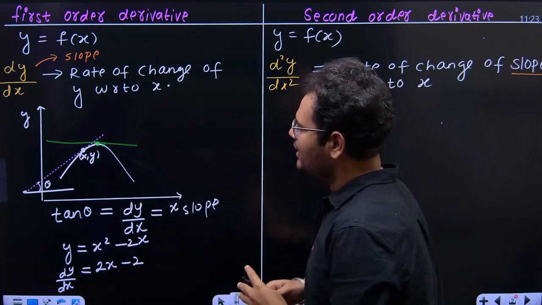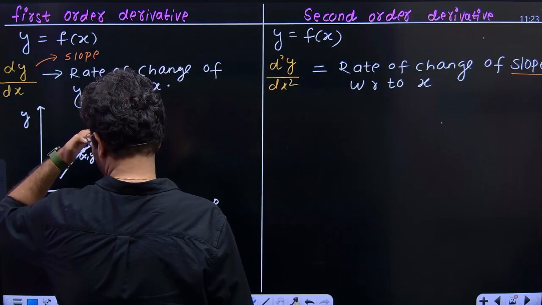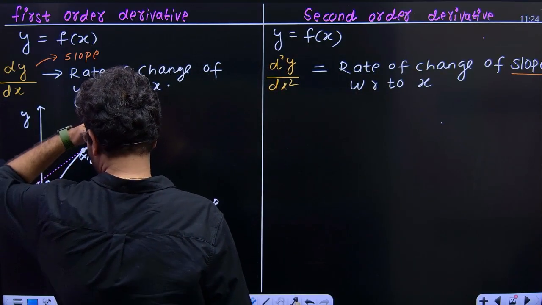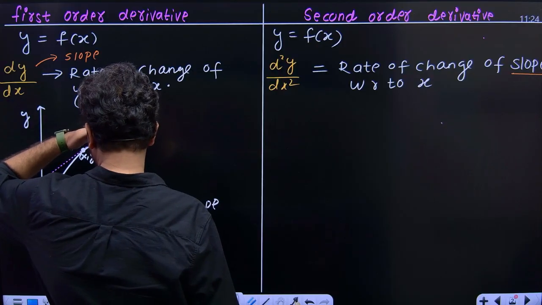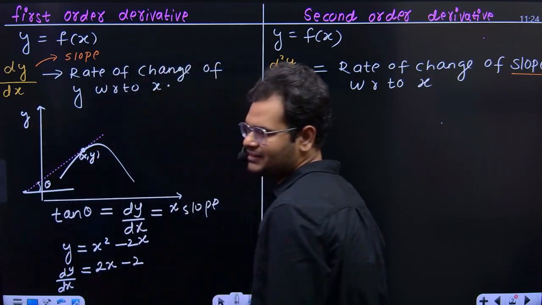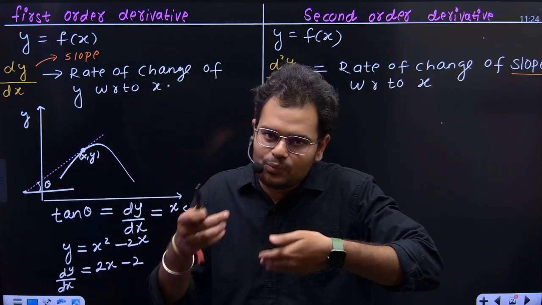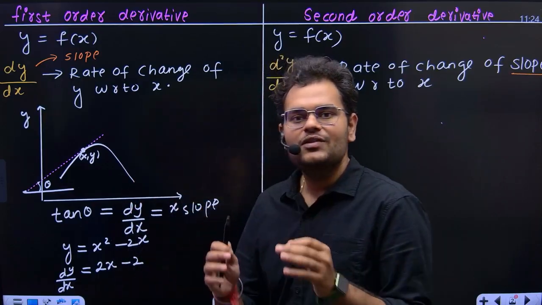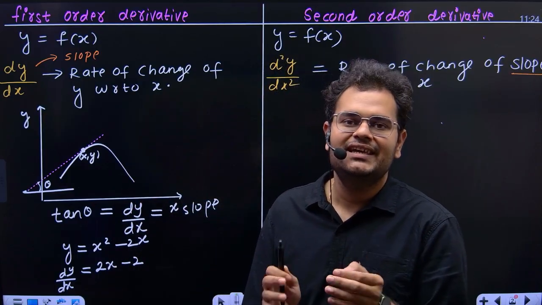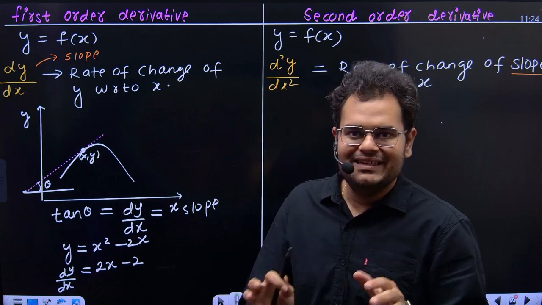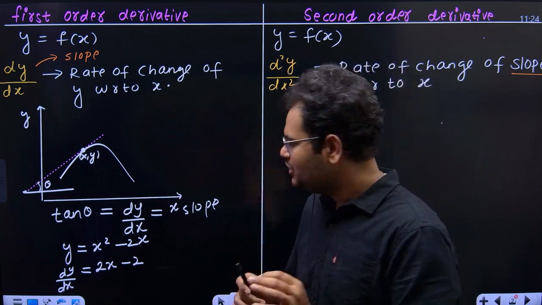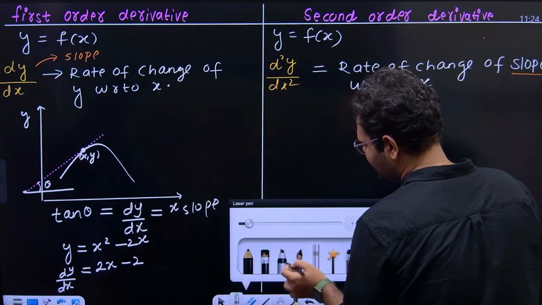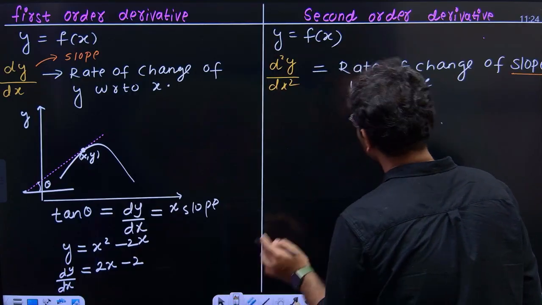Can you see that our tangent first is having angle, let us say theta, then it is less than theta, again less than theta, and then obtuse. That means our slope is decreasing. If our slope is decreasing, then I will say my rate of change of slope is negative. So you need to understand that rate of change of slope is nothing but what?